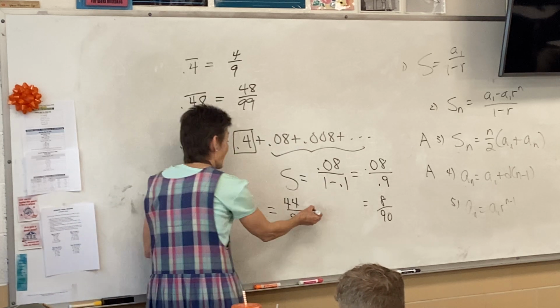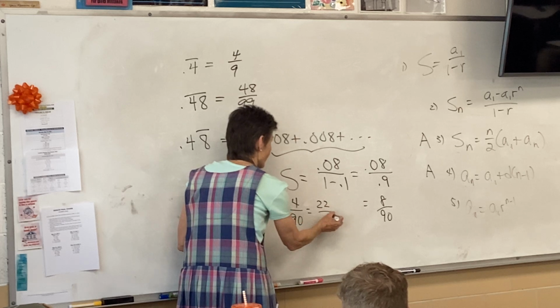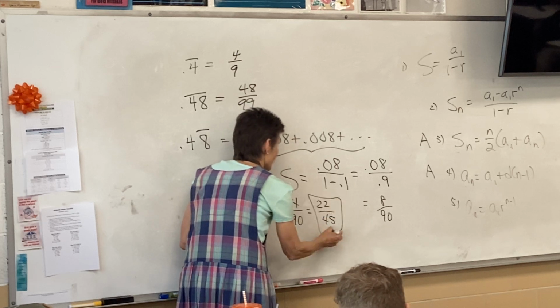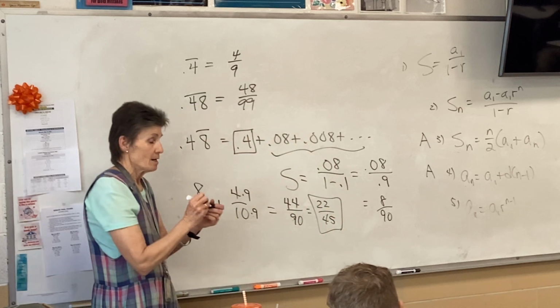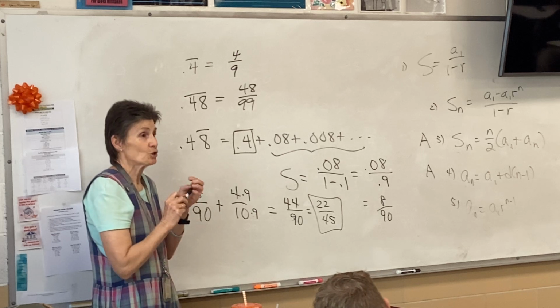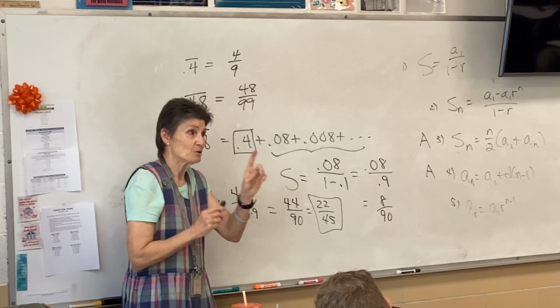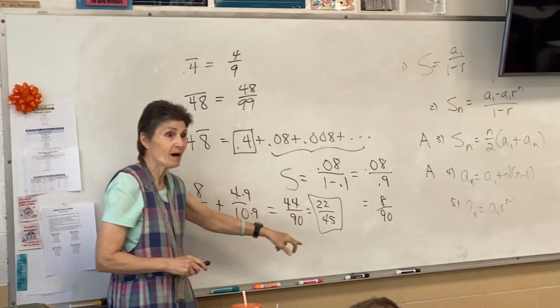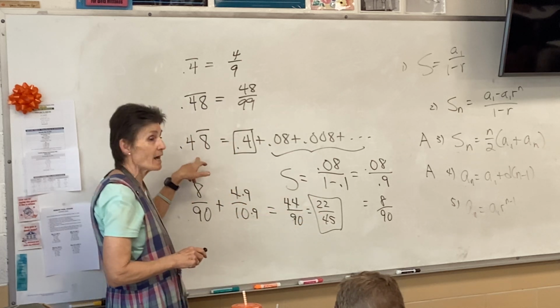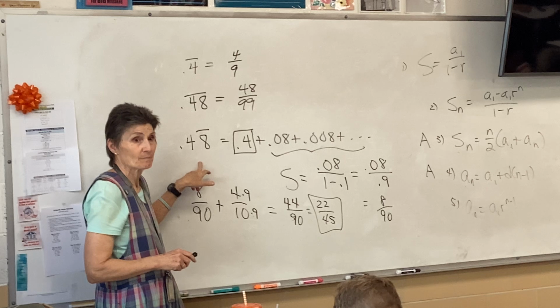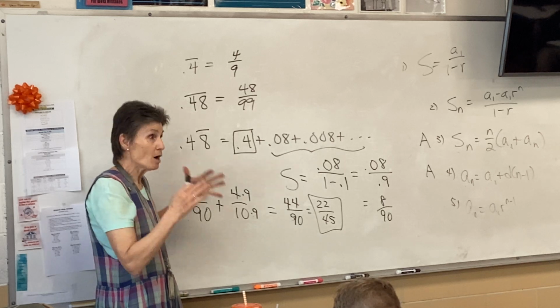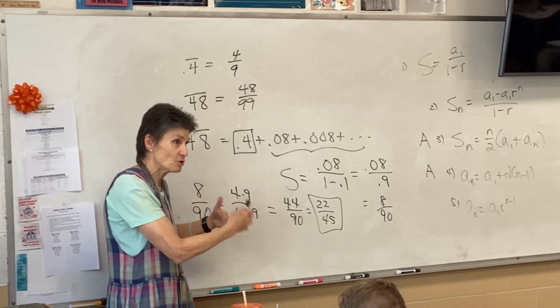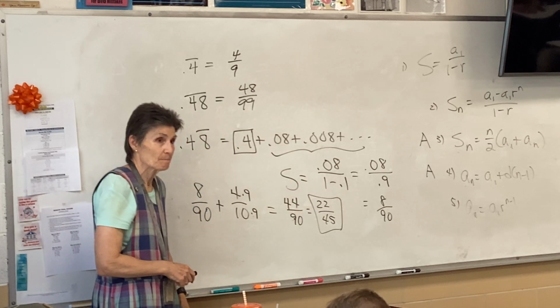Which I can divide by 2 and get 22/45. You have to show your work, but you can check it on your calculator. So do 22 divided by 45 and see if you get the original problem. If you don't, then you know you've made a mistake and you have to go back and rework something.